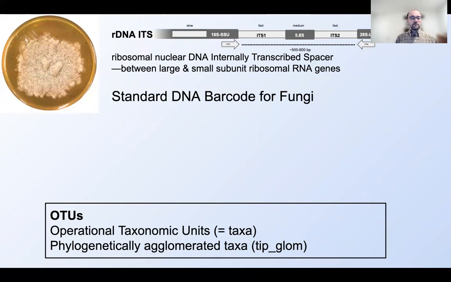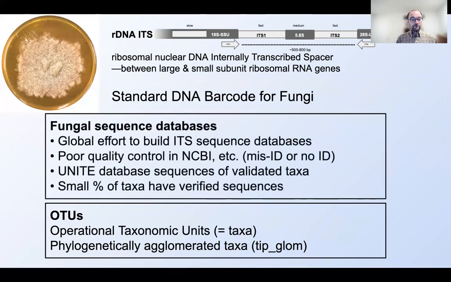Now, standard DNA barcoding for fungi is great, but it does have some limitations. First is that you need to be able to compare those barcodes to a database. And there's been a long global effort to build those ITS sequence databases, but unfortunately, there's very poor quality control in most of them, with lots of misidentifications or simply no identifications in the fungal sequences.